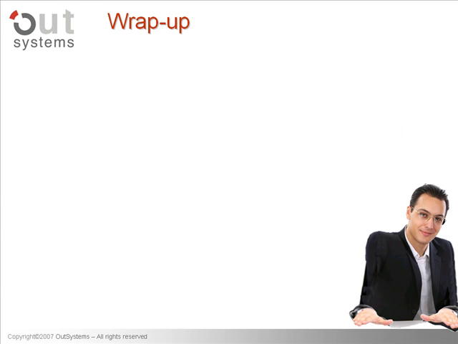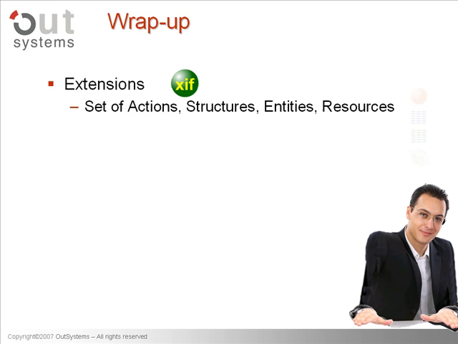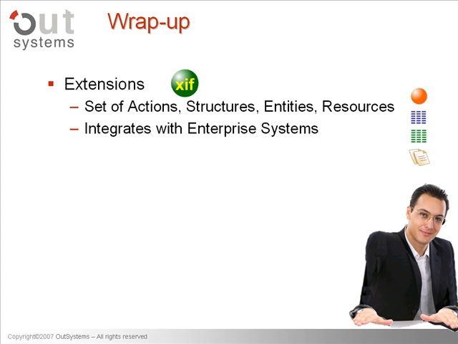Now that you have seen this webinar, you know that extensions are the foundation of the OutSystems integration architecture. An extension is a set of actions, structures, entities, and resource files that integrate with enterprise systems and extend the existing functionality and data model of the OutSystems platform.